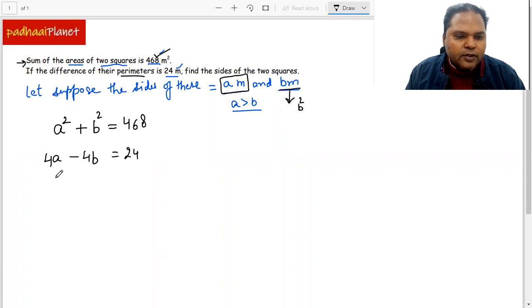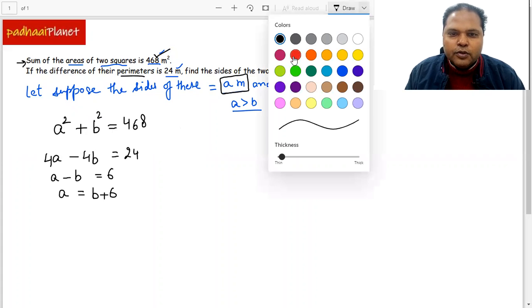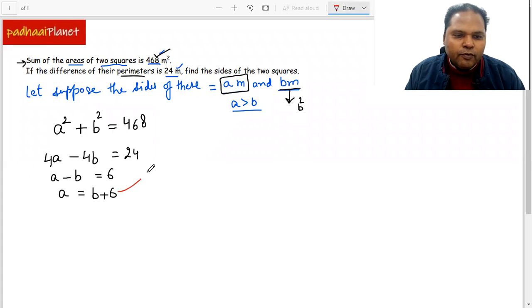If we further simplify it, we have a minus b equal to 6, and from here we can say a is equal to b plus 6. Now what we need to do is put this value of a into this equation, and then we will find out the answers.